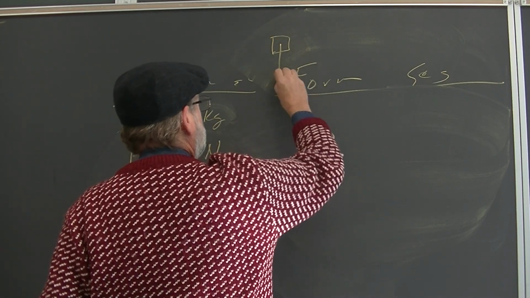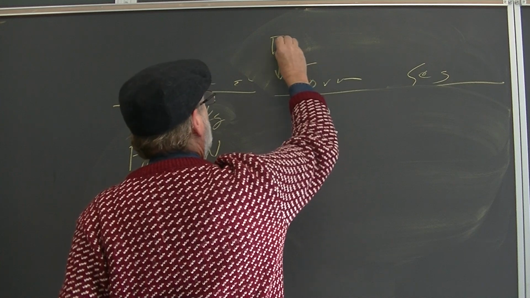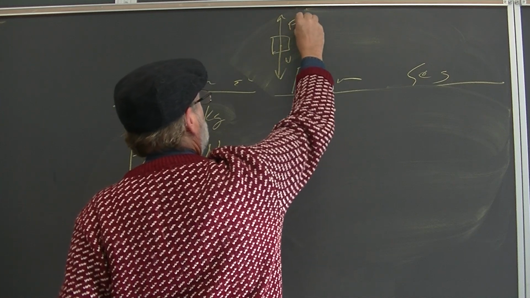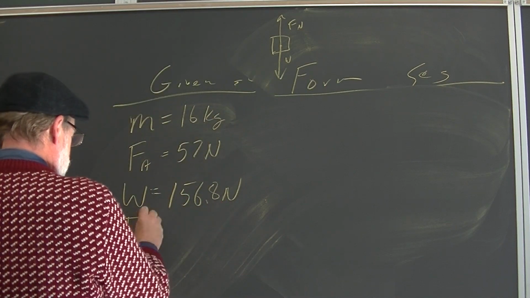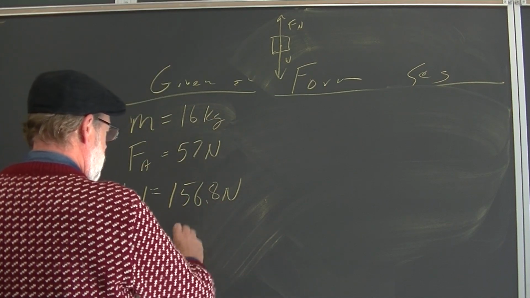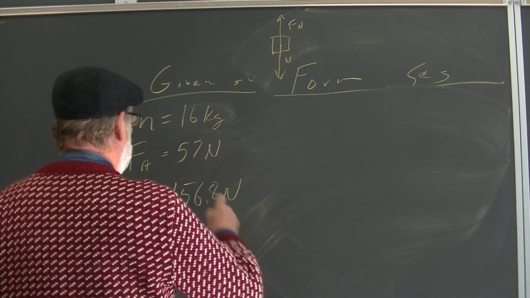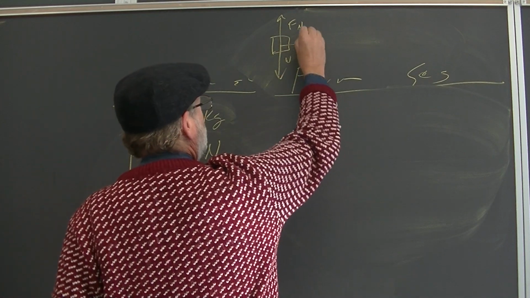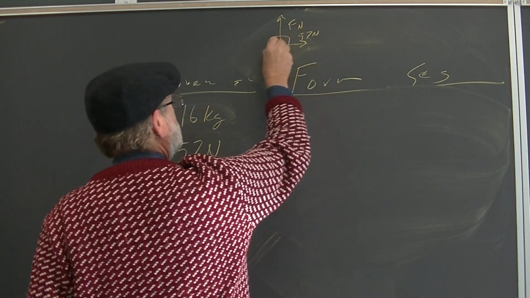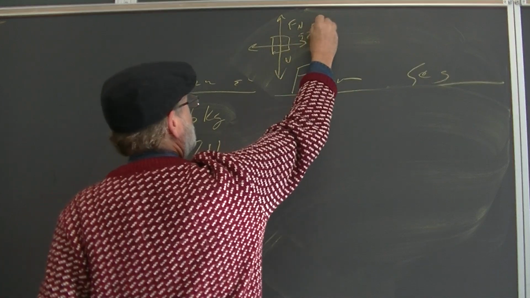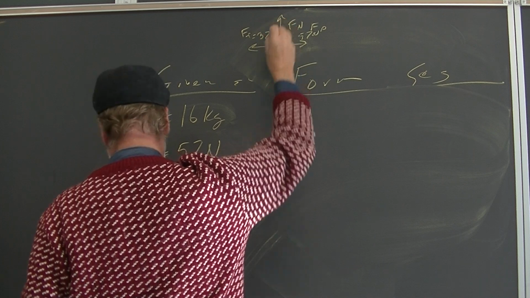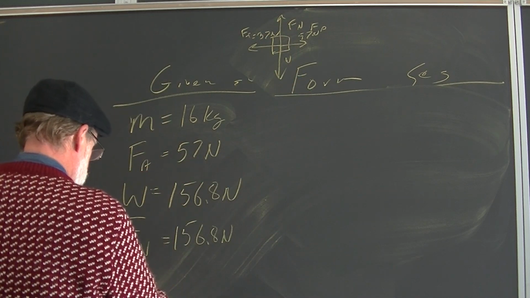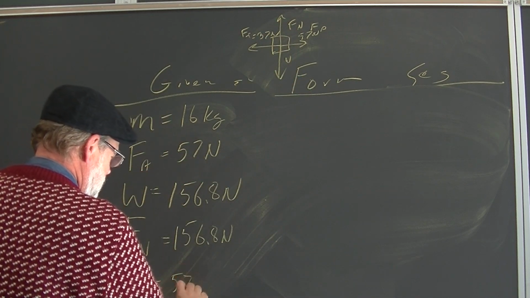The weight is equal to the normal force. Kind of a proof there, right? So the force normal equals 156.8 newtons. The applied force is 57 newtons. Force of friction, 57 newtons.